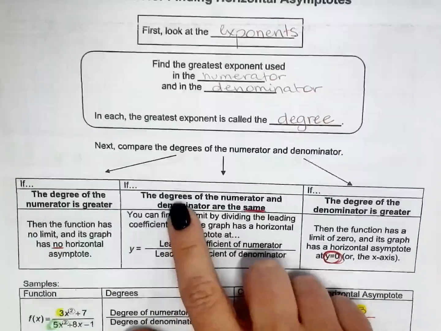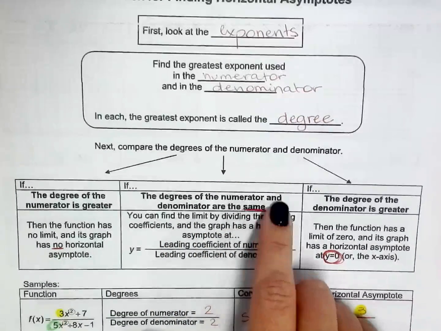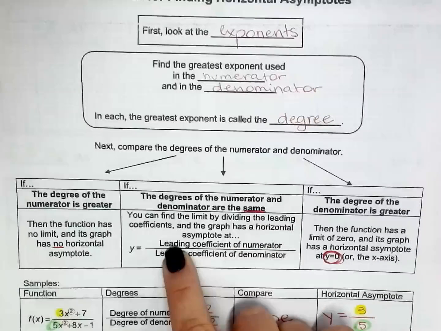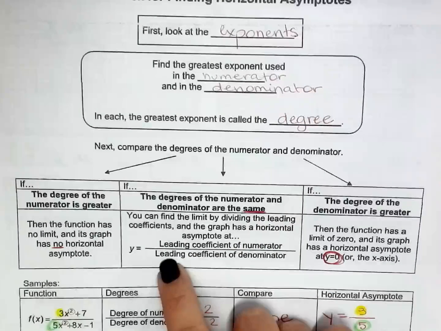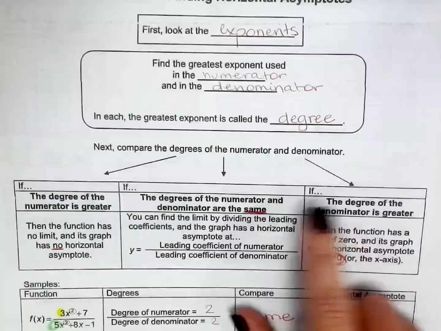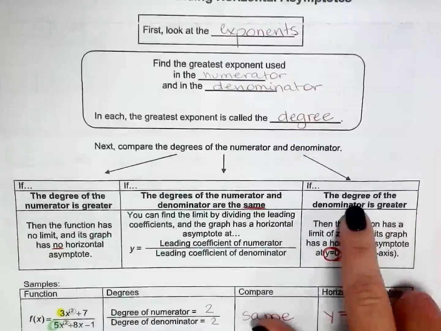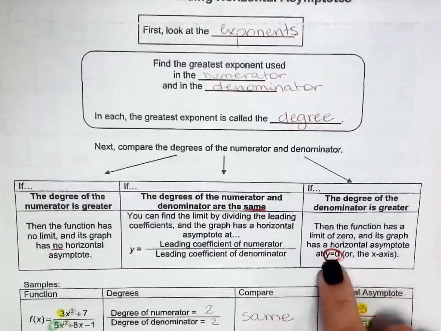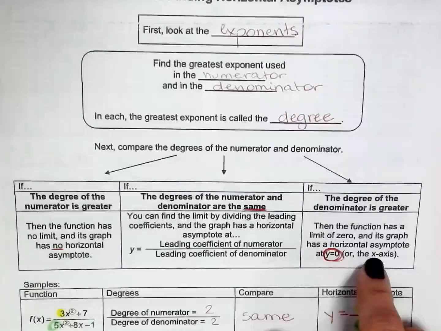If the degrees of the numerator and the denominator are the same, then you're going to get the leading coefficient of the numerator and divide by the leading coefficient of the denominator. But if the degree of the denominator is greater, then your horizontal asymptote will be right there, the x-axis.